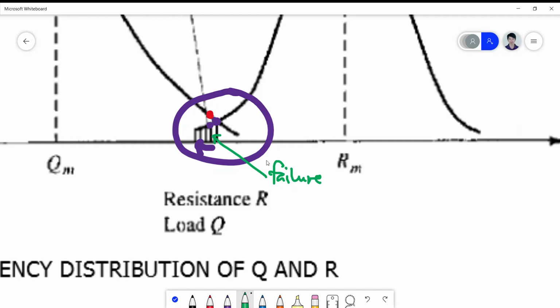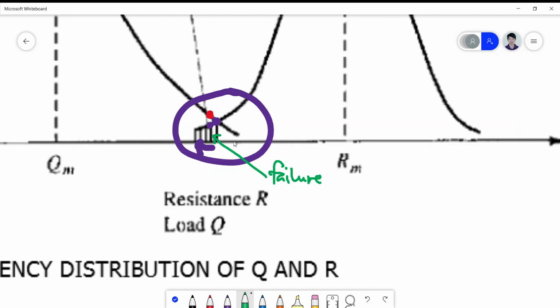What it means is that in this particular location, there may be a probable failure that might happen in terms of the expectation of whatever resistance and whatever load Q is absorbed by the structure.